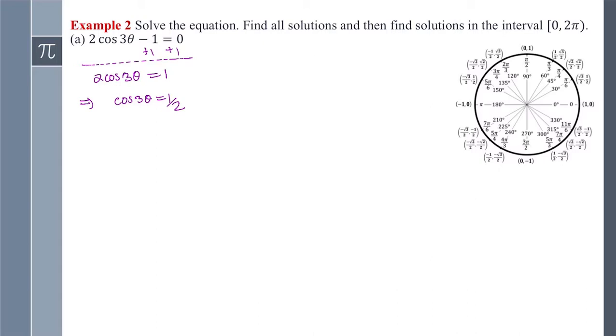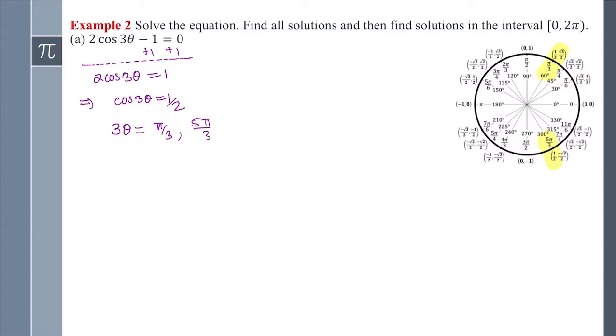Cosine is 1/2 at pi over 3 right here, and also at 5 pi over 3. Cosine is positive in the fourth quadrant, so it is right here. It's 1/2 at 5 pi over 3. So this means 3 theta equals pi over 3 and then 5 pi over 3.